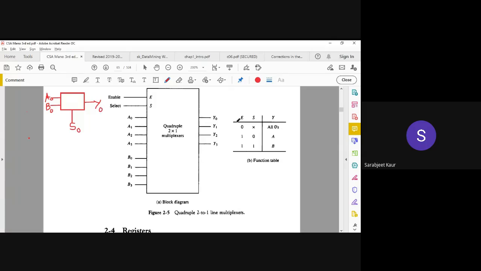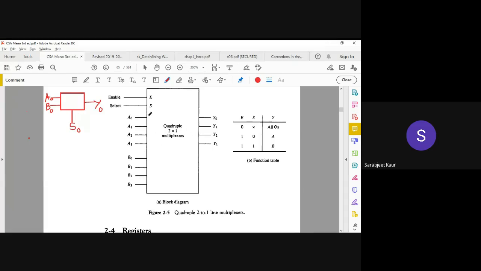So let us imagine four such 2 cross 1 muxes. The next one will have its inputs as A1, B1, selection line S1, output Y1, and so on and so forth. Now when I integrate all these four into one, it is going to look somewhat like this.